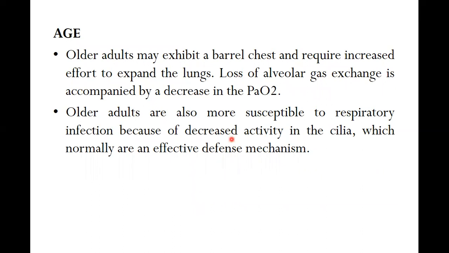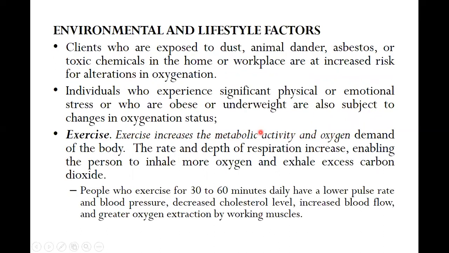And as they waft, they move the mucus and other foreign particles that have gone into the respiratory tract upwards towards the mouth so that they can be expectorated. So in old age, that mechanism becomes impaired. So these patients are more susceptible to respiratory tract infections.